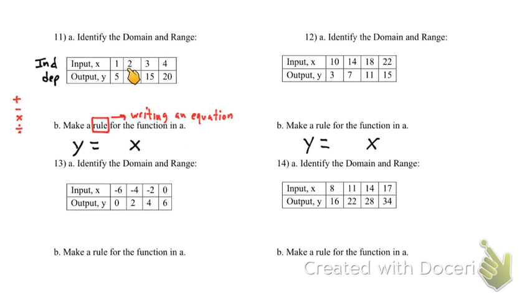So first thing you want to do is look at your first set of input and output. And you want to ask yourself, what can I do to my first input? What can I add, subtract, multiply, or divide so that I can get my output that's connected to it, so I can get my partner? So for me, as I look at number one, what can I add?